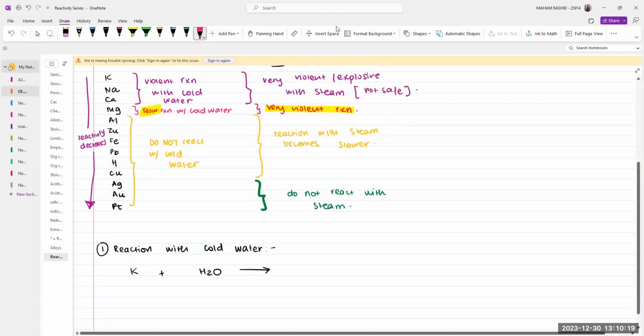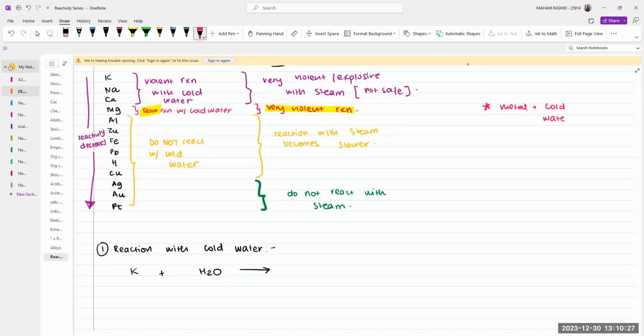Okay, so here's a key point. Metal plus cold water will give you metal hydroxide and hydrogen.